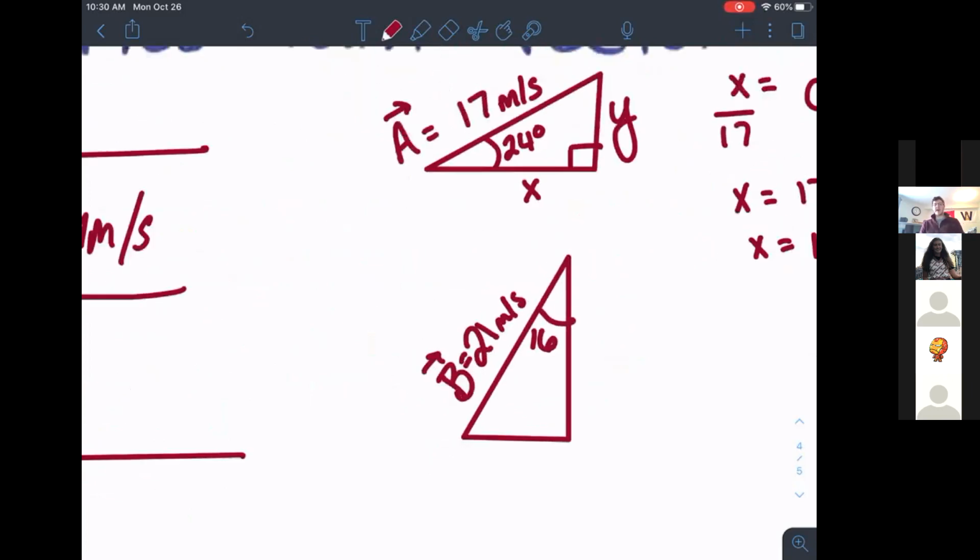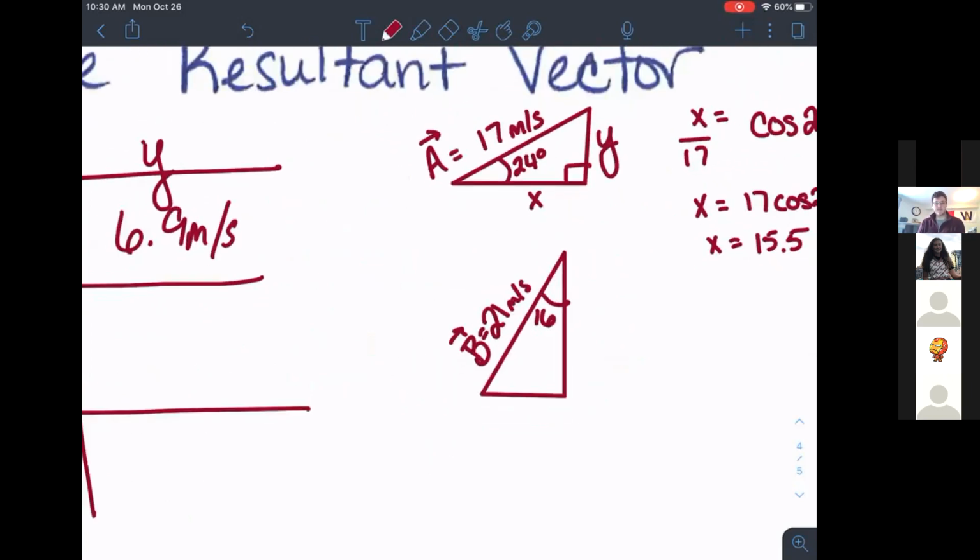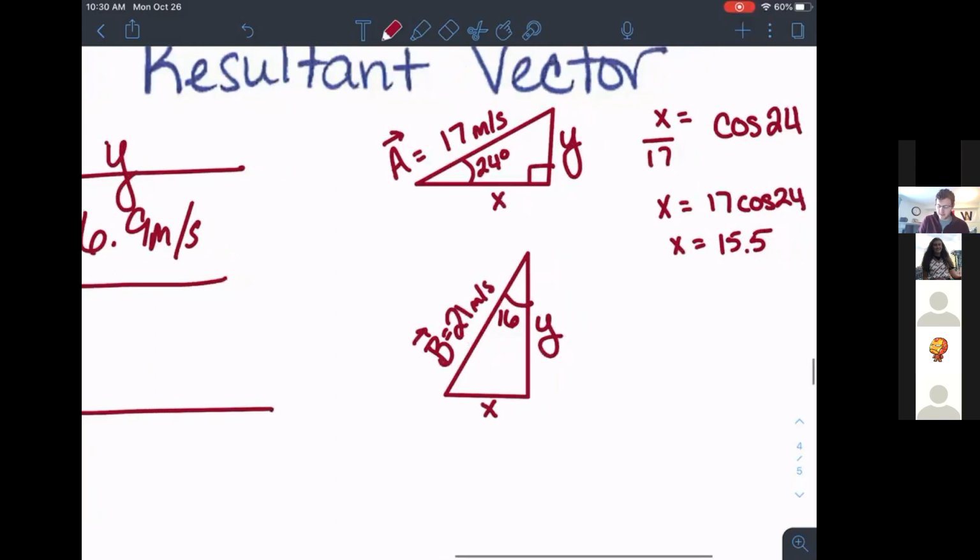Where's my x component for this one? The bottom. And my y component is where? On the right side. Perfect.